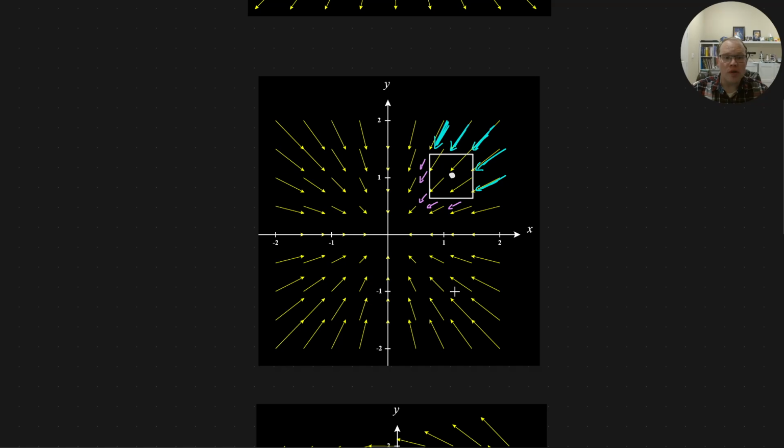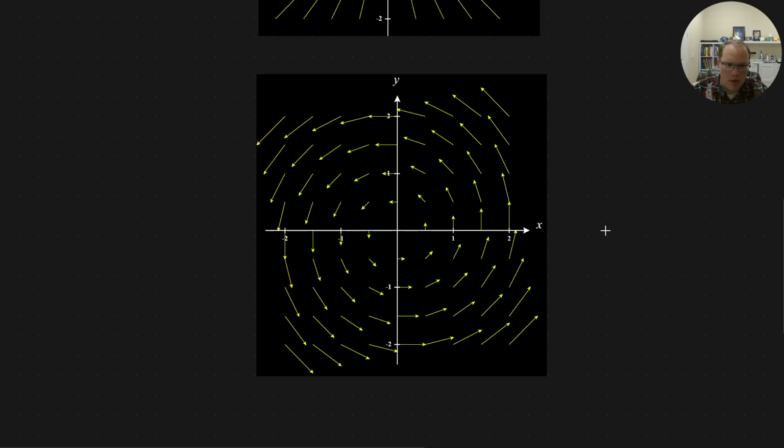So the flow going in towards the point is greater than the flow going outwards away from the point, which means the divergence of the vector field at this point is going to be negative. It's not diverging, it's converging. On the whole, on net, there's more flow towards than away from. Okay? All right, one more example.